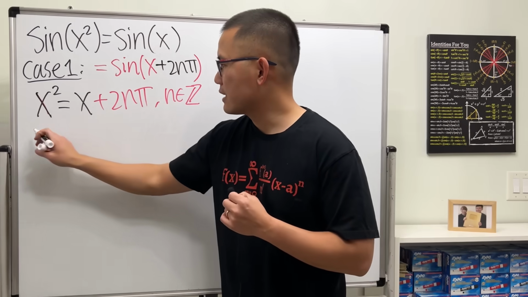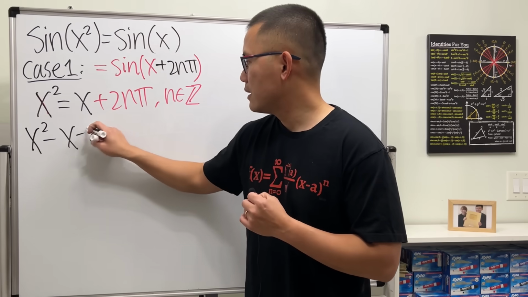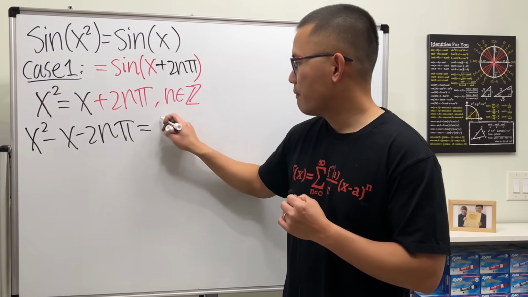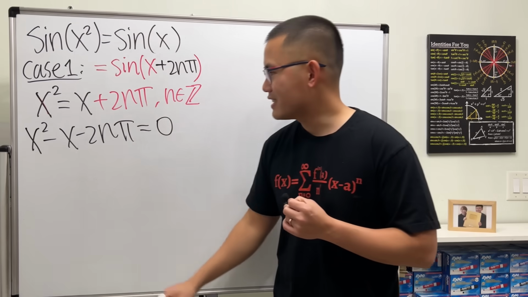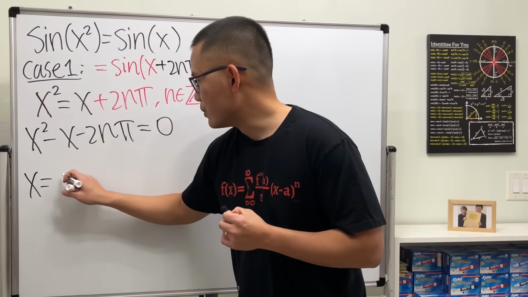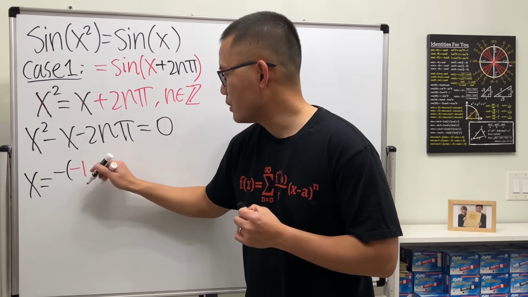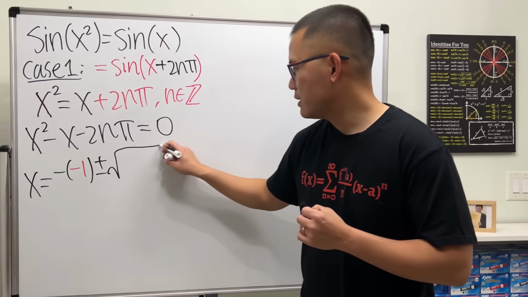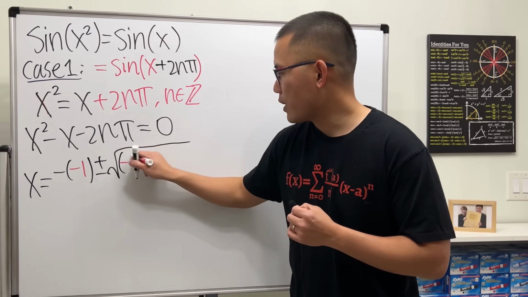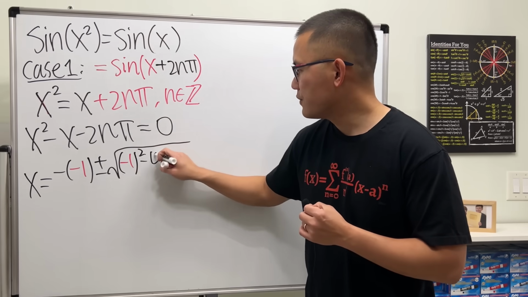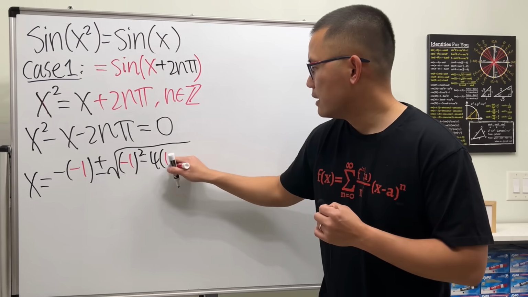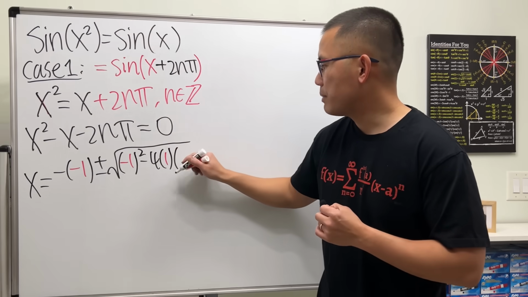Move these two terms to the other side. And then we can just use the quadratic formula for it. x is equal to negative b, which is negative 1, plus or minus the square root of b squared minus 4 times a, which is 1, and c is negative 2n pi.